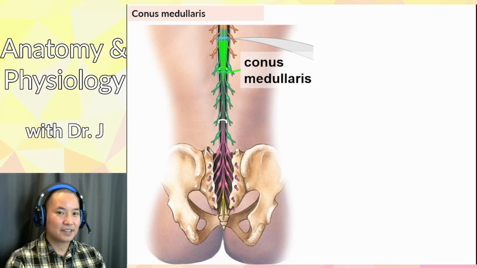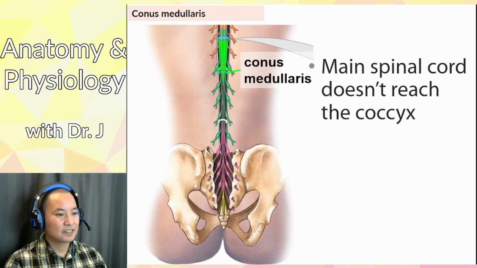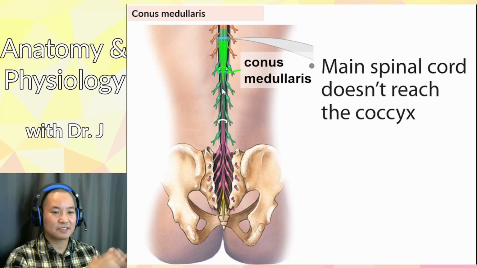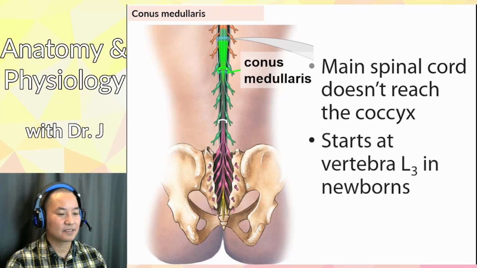So the main body of your spinal cord is not the same thickness all throughout. It does taper off near the end. Conus sounds like cone, referring to that tapering off. The main spinal cord does not reach all the way to the tailbone and coccyx. It tapers off superior to that, in terms of adults.